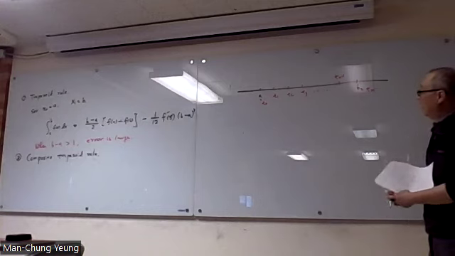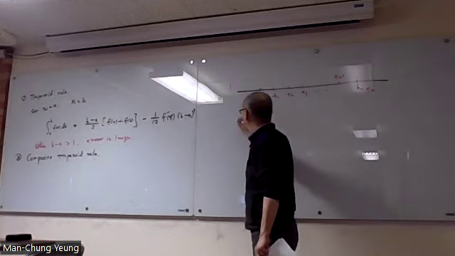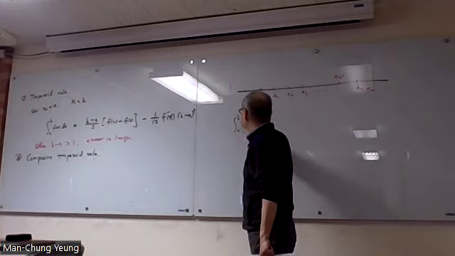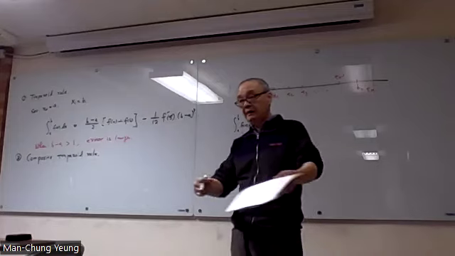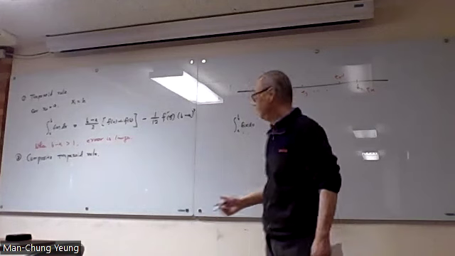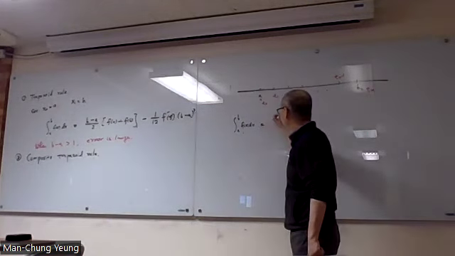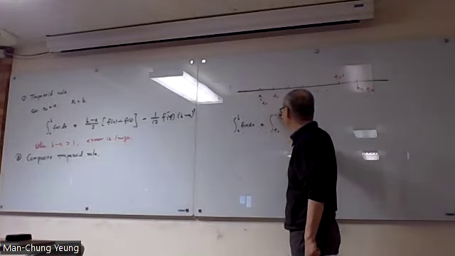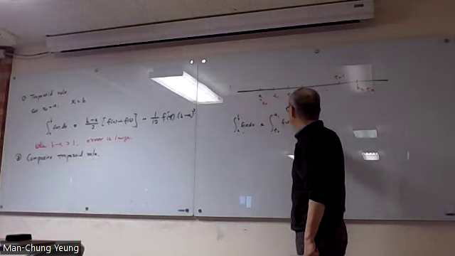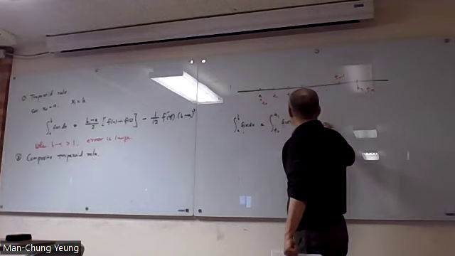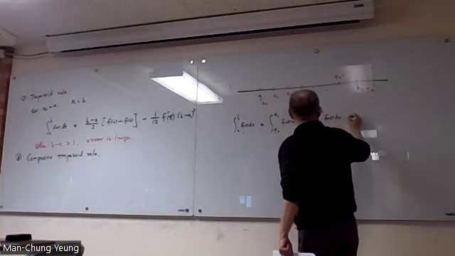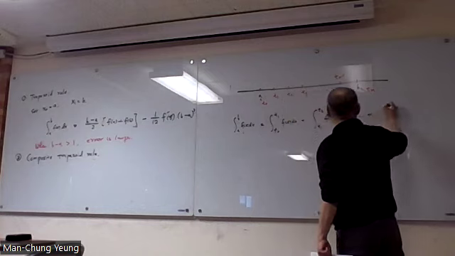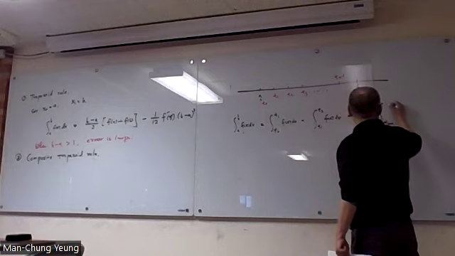Then the integral from A to B is an area. Cut the area from T0 to T1, and then T1 to T2, and so on, and then Tn minus 1 to Tn.